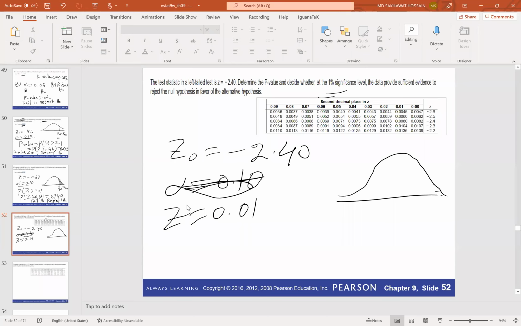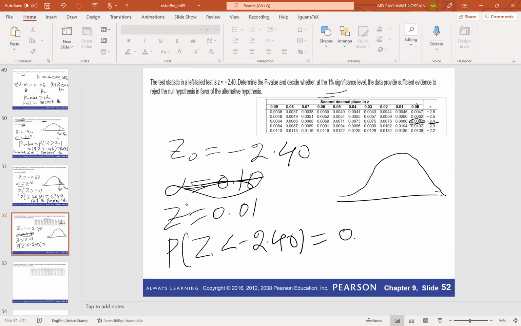So 1% is 0.01. Since this is the left-tail test, the p-value will be the probability of Z less than negative 2.40. Now we have the partial Z table here. So negative 2.4 is here, and 0.00, that means the first one. So the area is 0.0082.